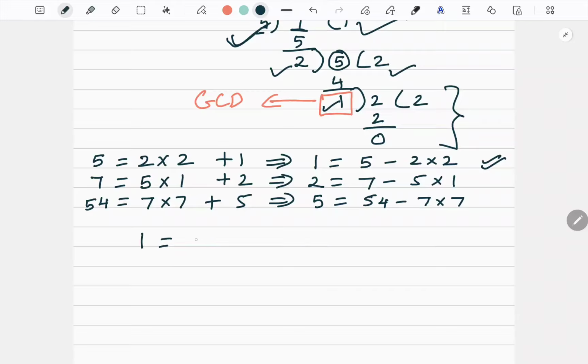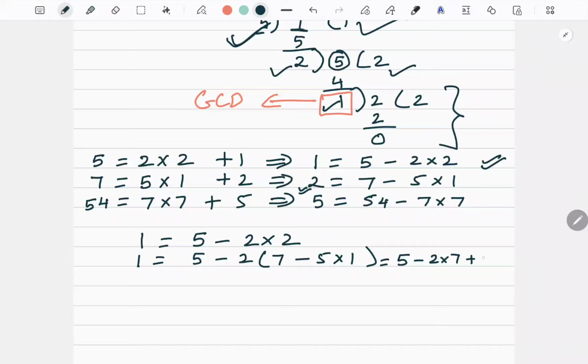Okay, so 1 is equal to 5 minus 2 into 2. Now, in this, the value of 2 is substituted by using the next equation. So, 1 is equal to 5 minus 2, and in place of 2, I will write 7 minus 5 into 1, which is equal to 5 minus 2 into 7 plus 2 into 5.